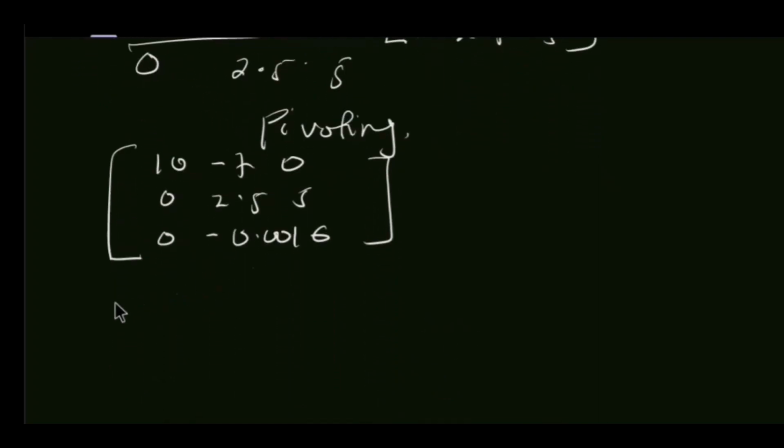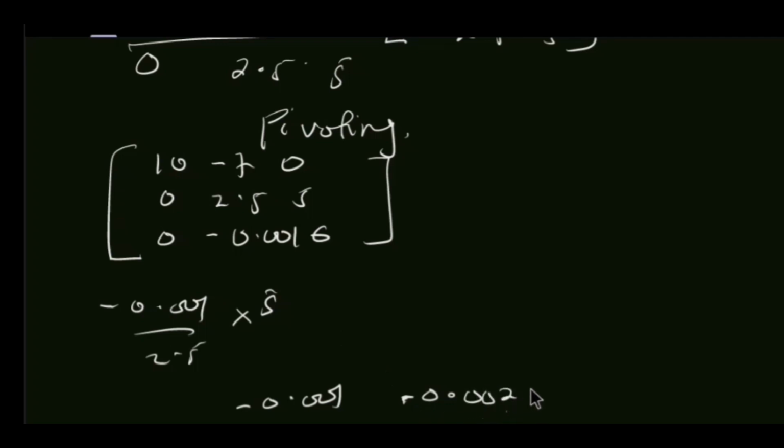So at this point, I'll have negative 0.001 over 2.5 as my factor, multiplying this whole row. Multiplying 2.5, I'll be getting negative 0.001, because this will cancel this. Now the second part is multiplying 5. If you have negative 0.001 divided by 2.5, then multiplying 5, you're getting negative 0.002.